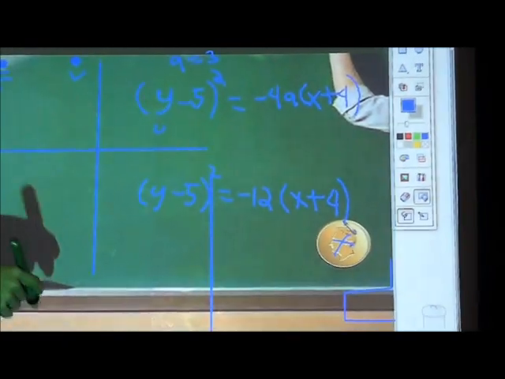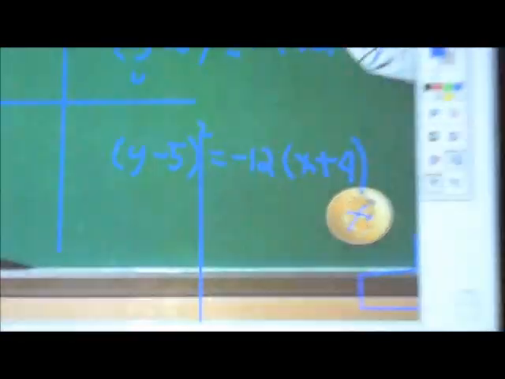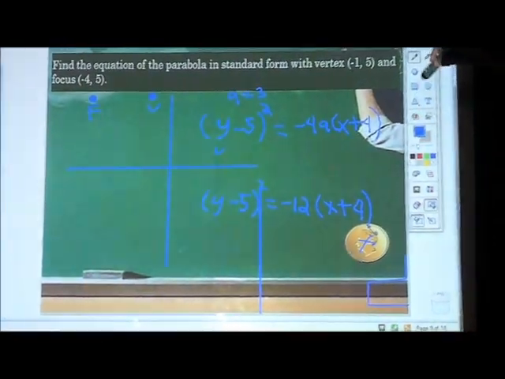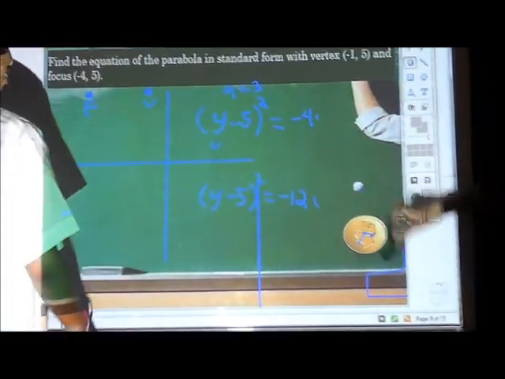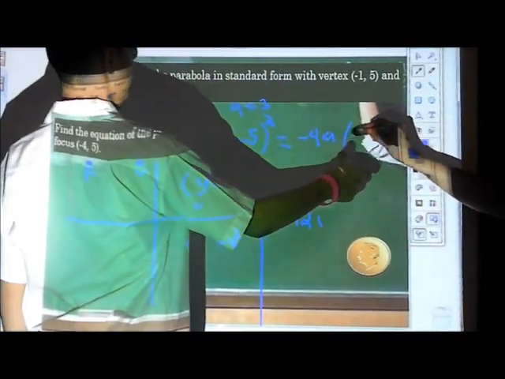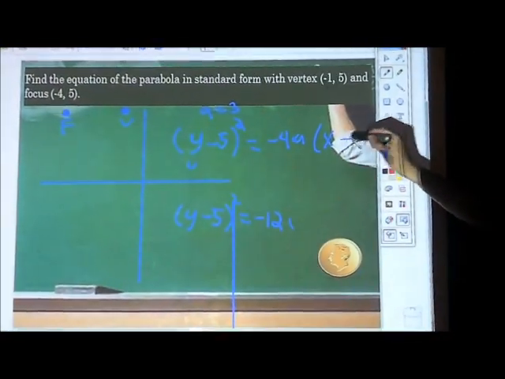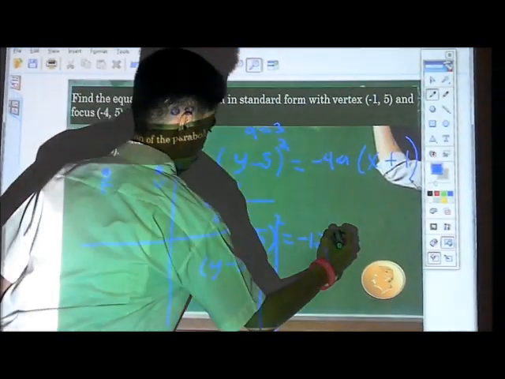The vertex is negative 1. So this should be negative 4a times x plus 1. So arrange.